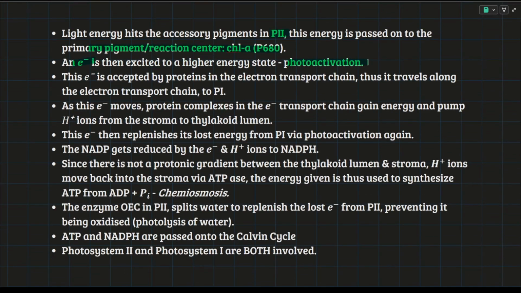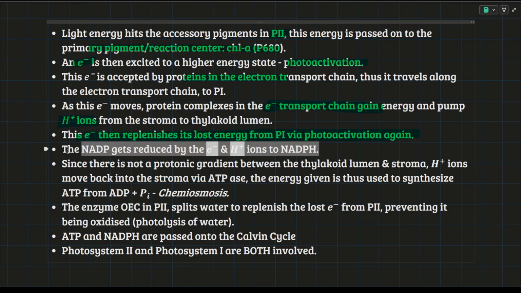The electron is excited to a higher energy state. That would be photoactivation. Electron transport chain proteins are going to gain energy and pump H+ ions from the stroma to the thylakoid lumen. This step also happens by photoactivation. This electron will replenish its energy. Now here, this step will not happen. There is no NADPH produced.